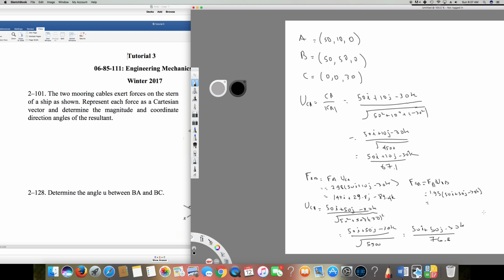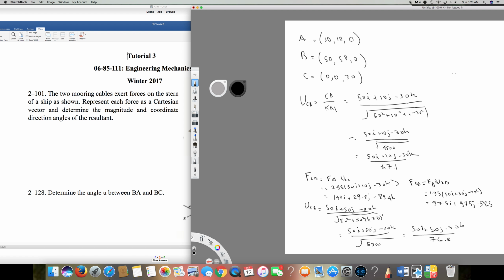So 1.95 times 50 is equal to 97.5. So it's 97.5I plus 1.95 times 50J, it's going to be 97.5J, and 1.95 times 30K is 58.5, so it's minus 58.5.